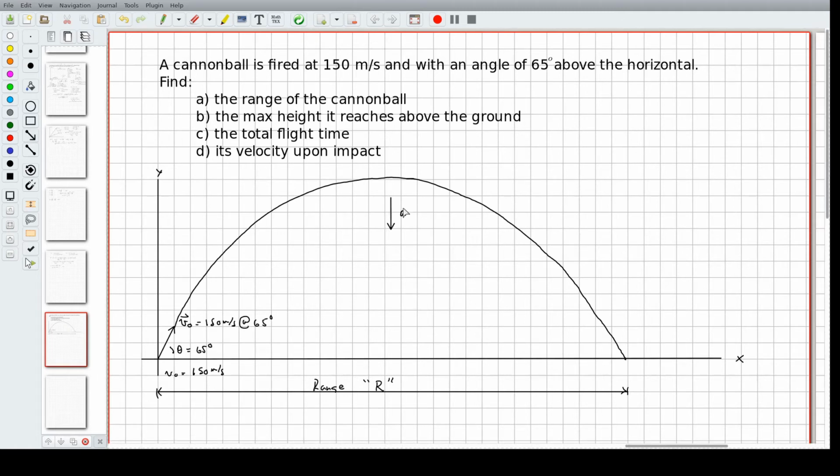Now, if you think about it, the way things are drawn with y being up and down, the acceleration here is 9.8 meters per second squared because it's free fall, but it's down the y direction. Now, this is the only acceleration because remember, free fall is only the acceleration due to gravity.